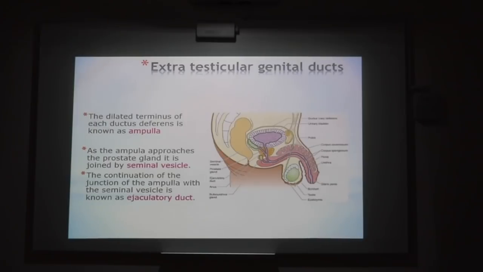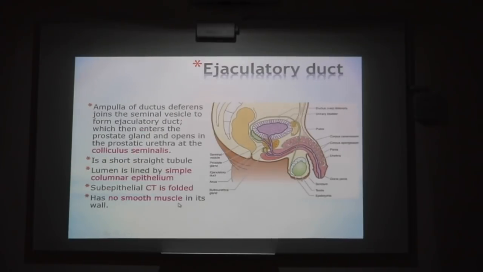And ampulla, as it approaches the prostate gland, it is joined by the seminal vesicles. The continuation of the ampulla with the seminal vesicle is called the ejaculatory ducts. The ampulla of the ductus deferens join the ejaculatory ducts, and they are going to open into the prostatic urethra at colliculus seminalis. It is a short straight tubule.